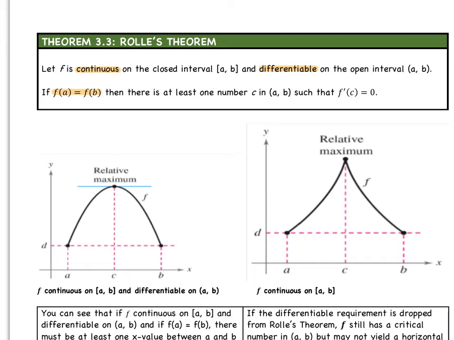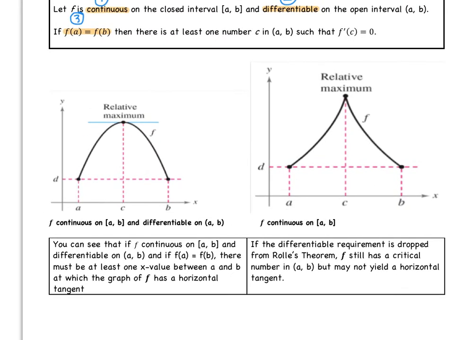First, we need to show that f is continuous on the closed interval. Second, we need to show that f is differentiable on the open interval. If those 2 criteria are met, then we also have to show that f of a equals f of b. If we take a look at these diagrams below, this first diagram shows f is continuous and differentiable.